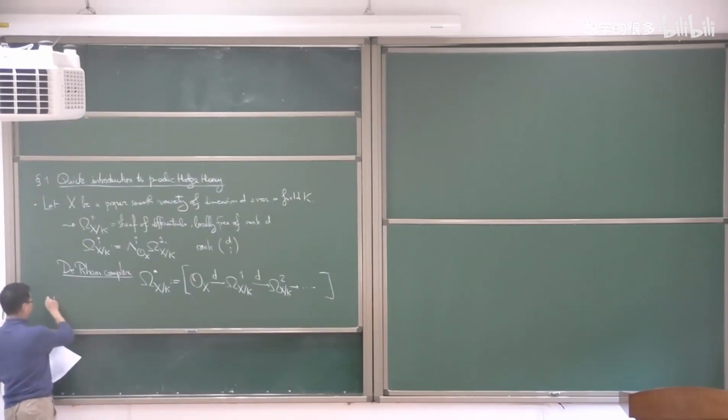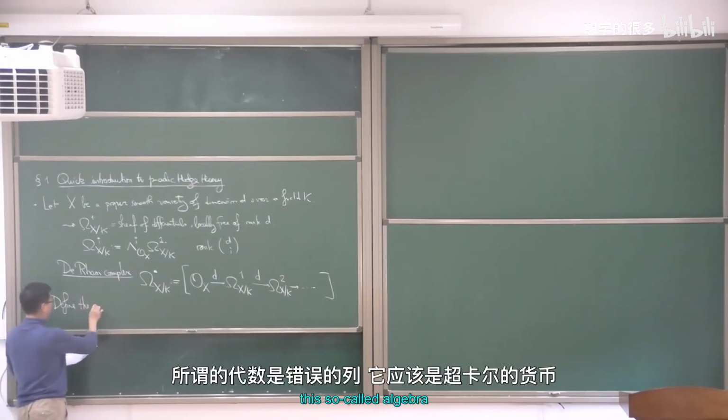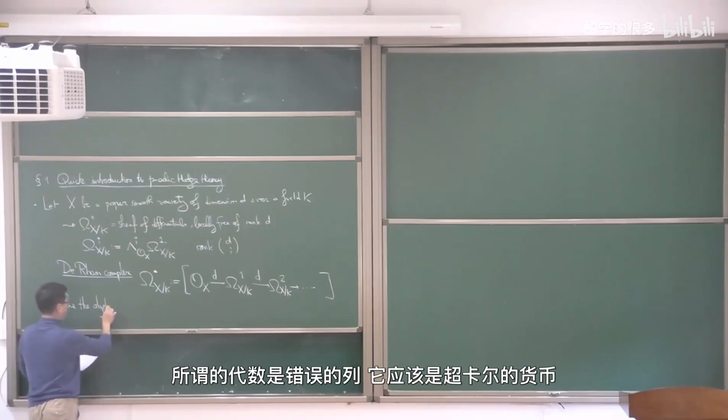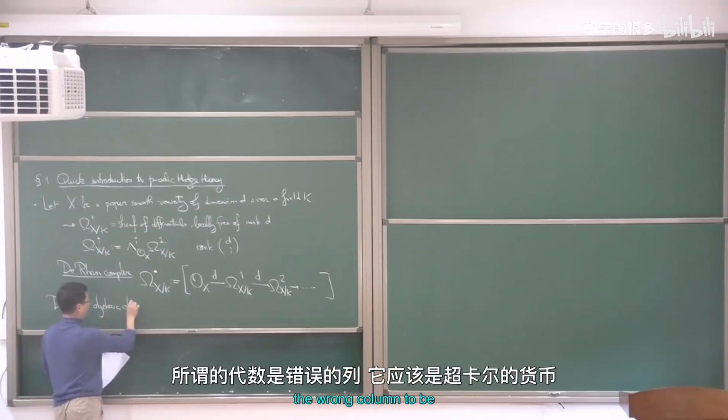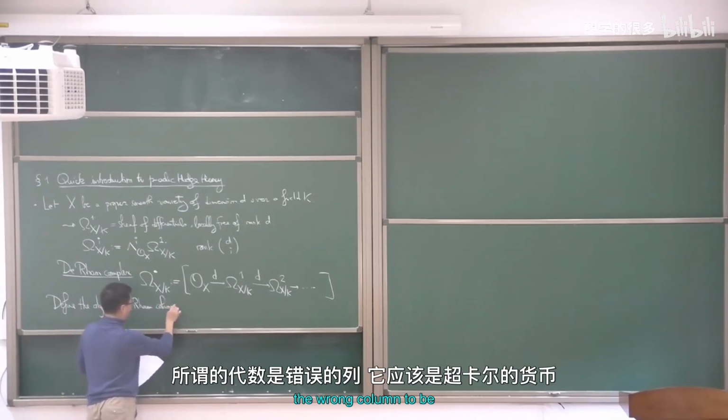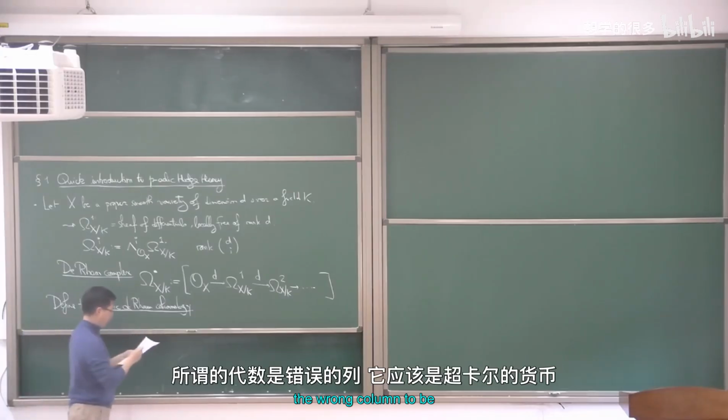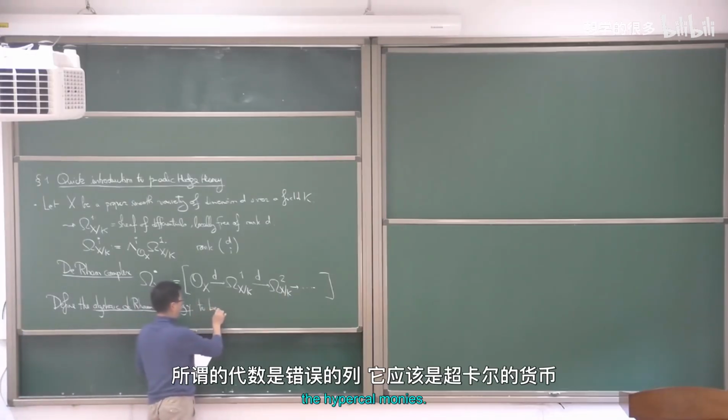So I can define the so-called algebraic de Rham cohomology to be the hypercohomology of this complex.